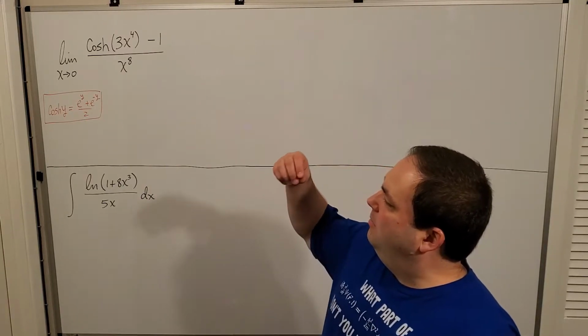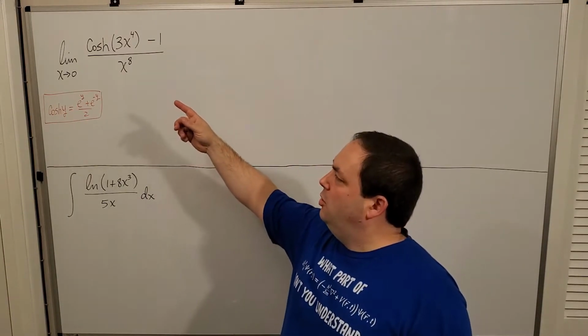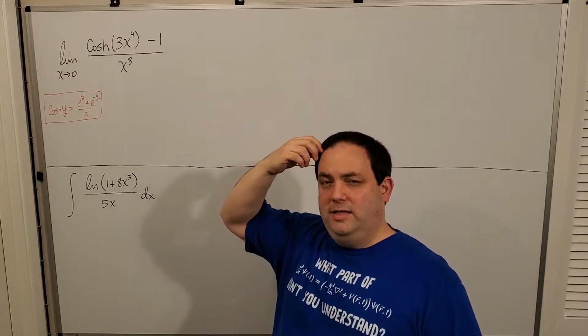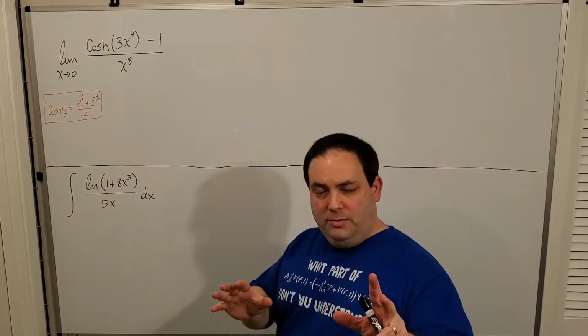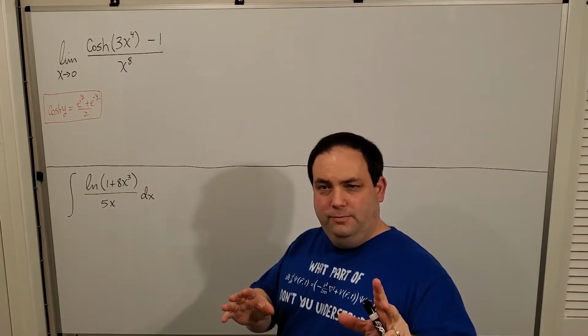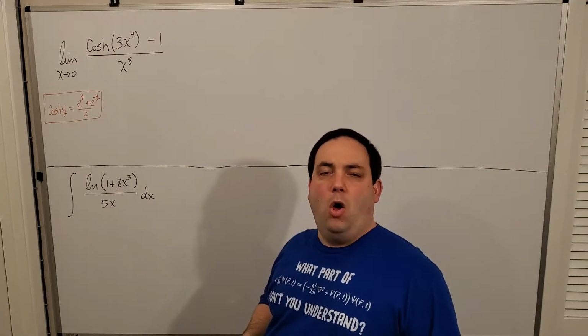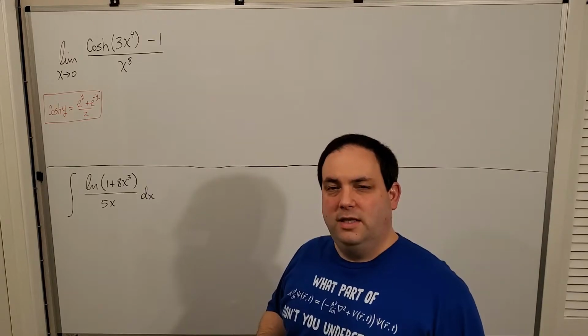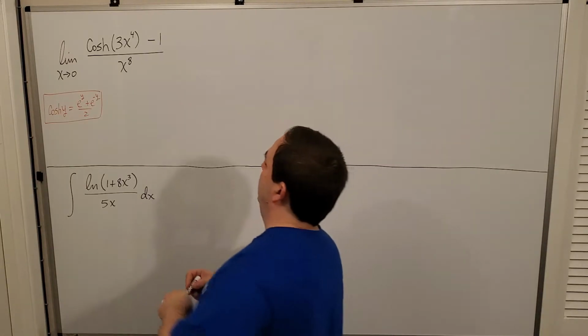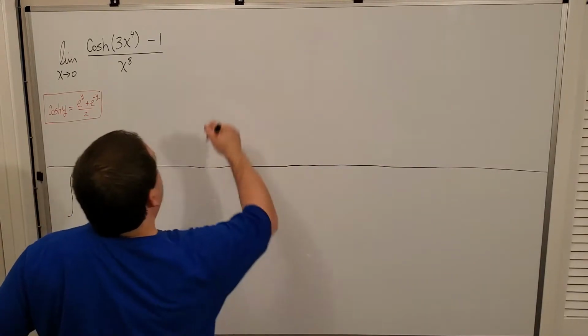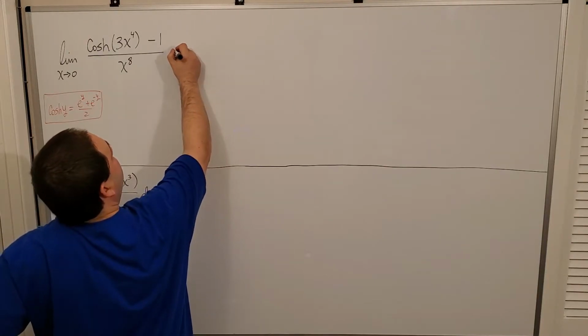Now, the hyperbolic cosine Taylor series I listed in the last lecture. Pause me real quick and go back and look if you need to. But it's basically the same as the normal cosine, it's just not alternating. It doesn't have the negative 1 to the n in it. So that means I'll start by doing this.